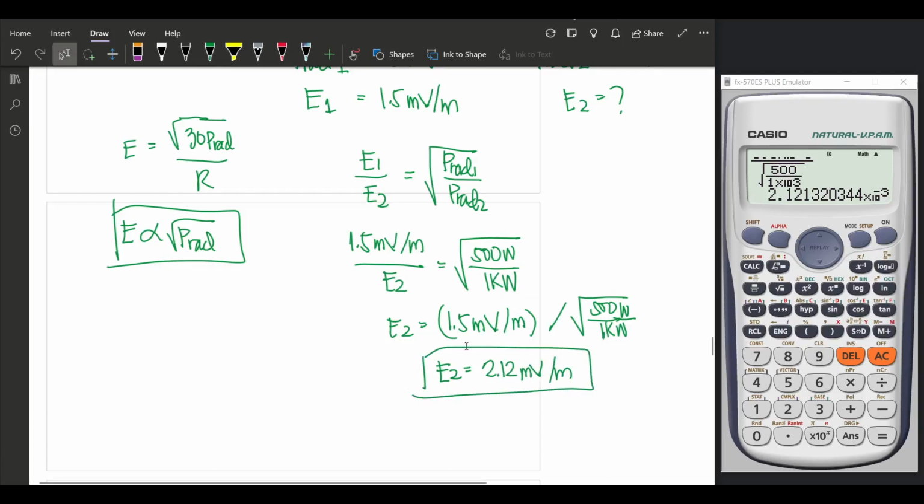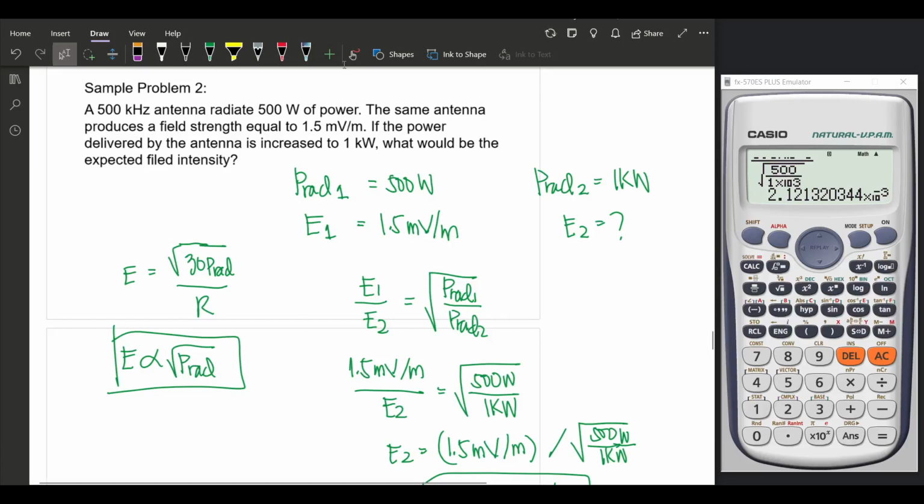Okay, so since directly proportional kasi sila, expect mo dapat na kung nagdoble ito, dapat tataas din ito. Pero hindi siya doble kasi may square root ka pa doon. So they are directly related, however, may square root kasi yung power.